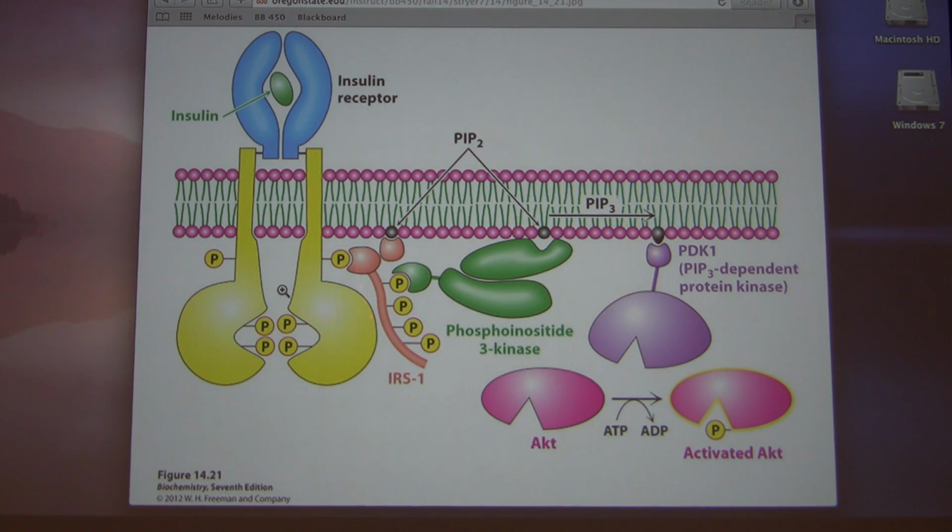They, in turn, phosphorylate IRS1, which has recognized a structure on them and bound to them. The phosphorylated tyrosine on IRS1 is a target for phosphoinositide 3 kinase. Phosphoinositide 3 kinase is activated, makes PIP3. PIP3 is bound by PDK1. PDK1 stimulates the kinase cascade. Yes?